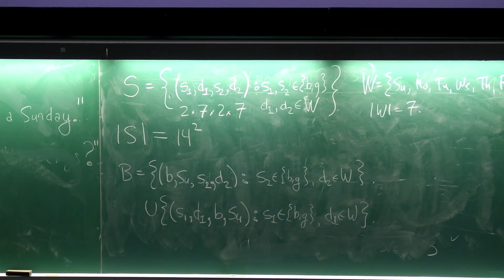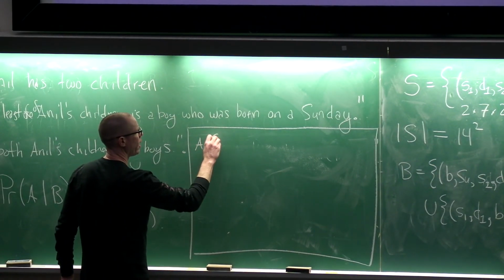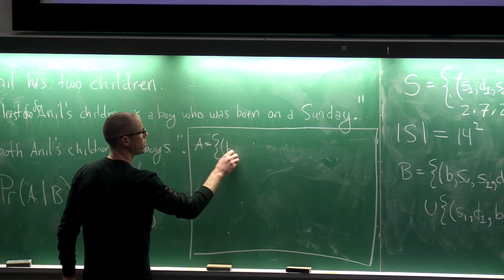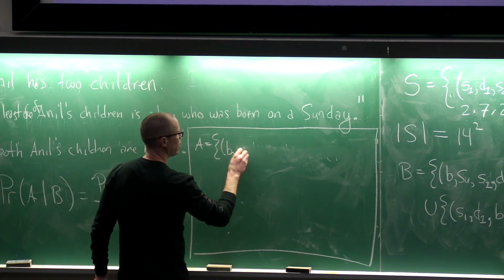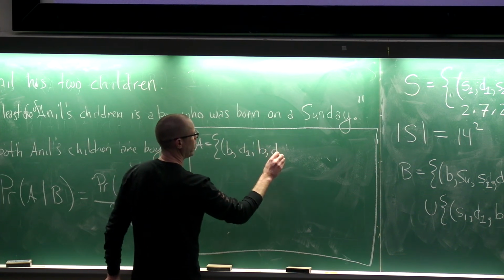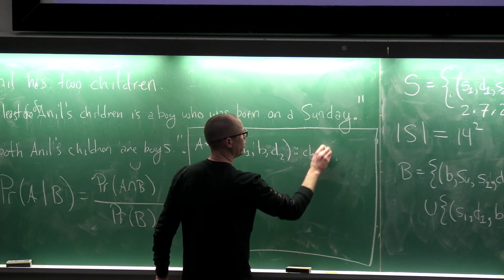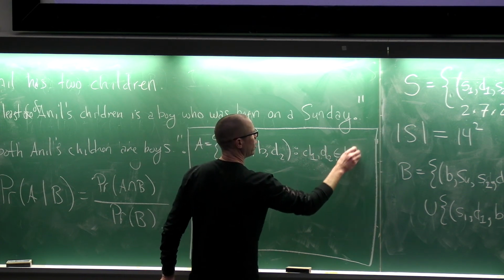And let's take a peek at A. A is the one that consists of two boys born on some day of the week, another boy born on some day of the week, and that's for D1, D2, and any day of the week.